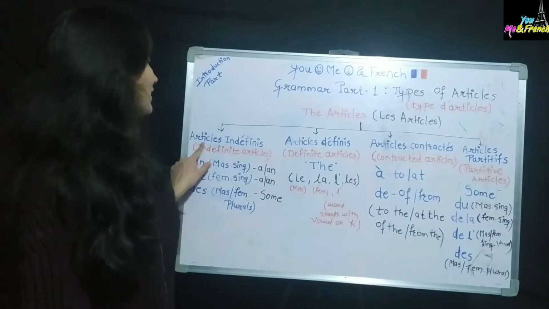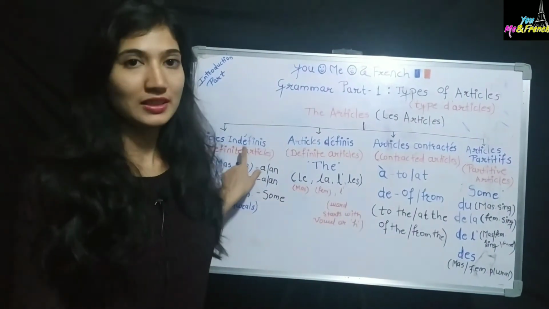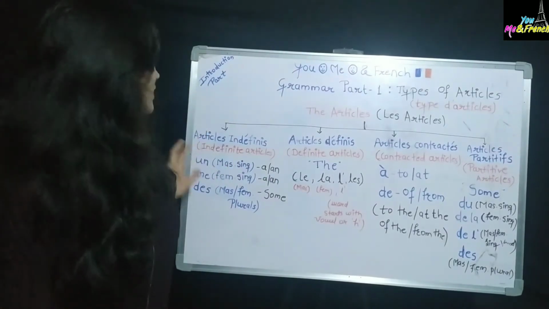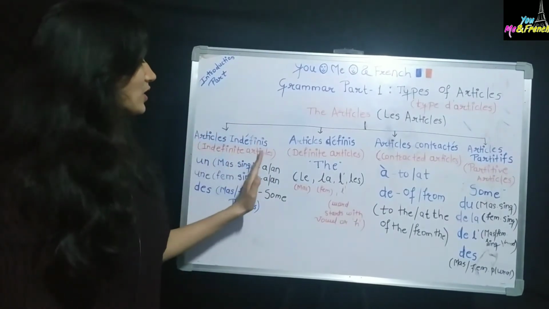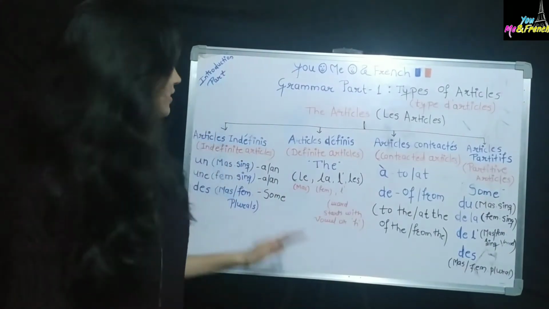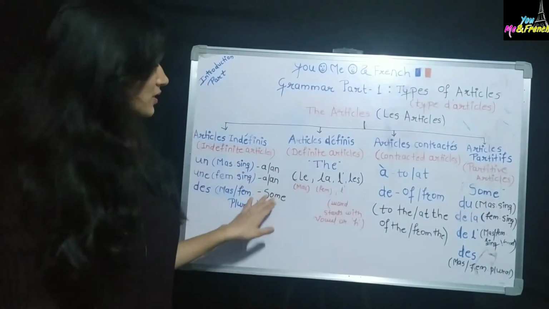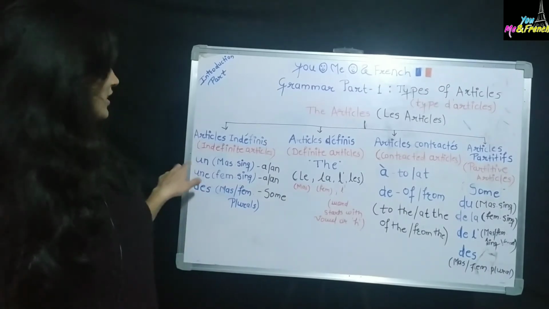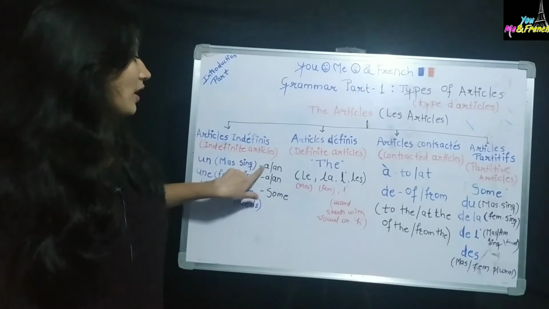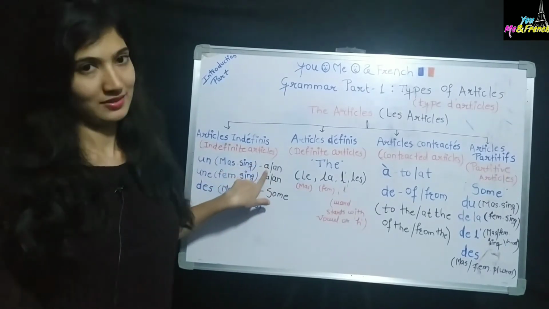So the first article is article indéfini, meaning indefinite articles. In English we represent it as a, an, or some. In French it is un, masculine singular, a or an.